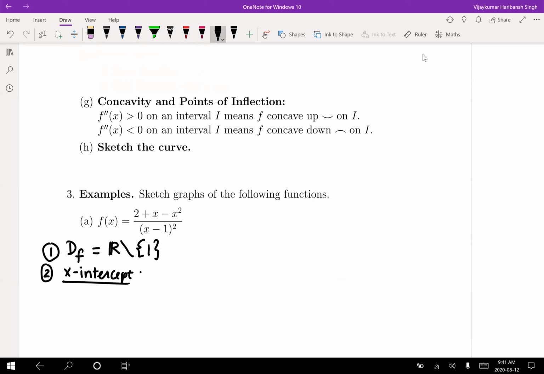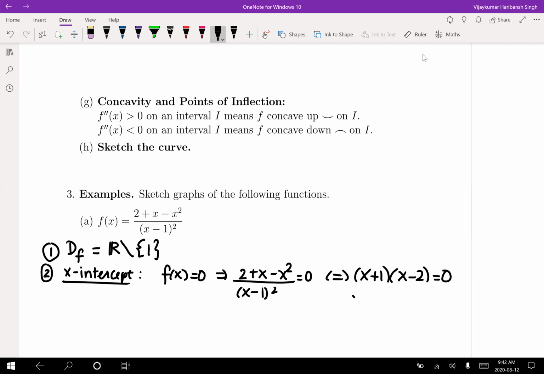For the x-intercept, solve for f of x equals 0, which gives us (2 plus x minus x squared) upon (x minus 1) squared equals 0. This gives us the numerator is 0, which means (x plus 1) times (x minus 2) equals 0.